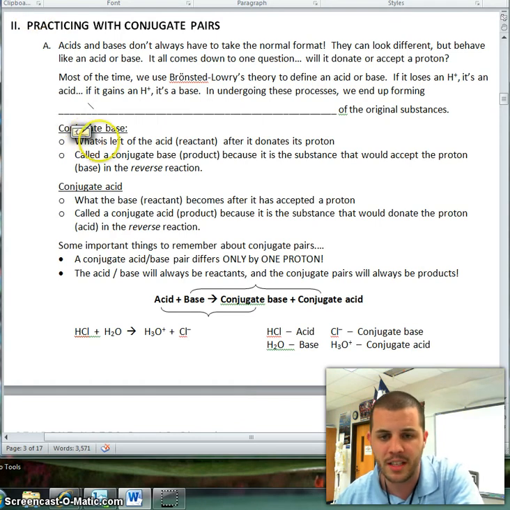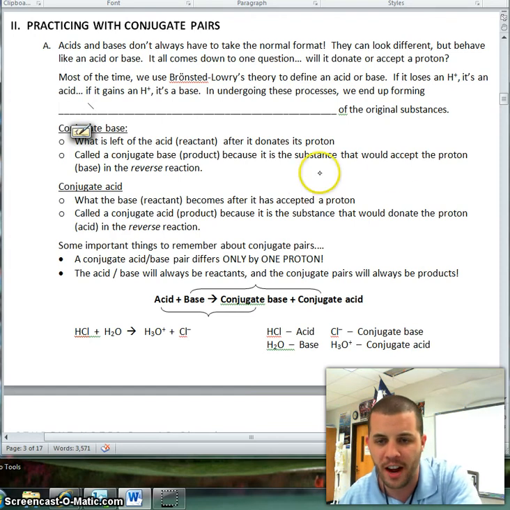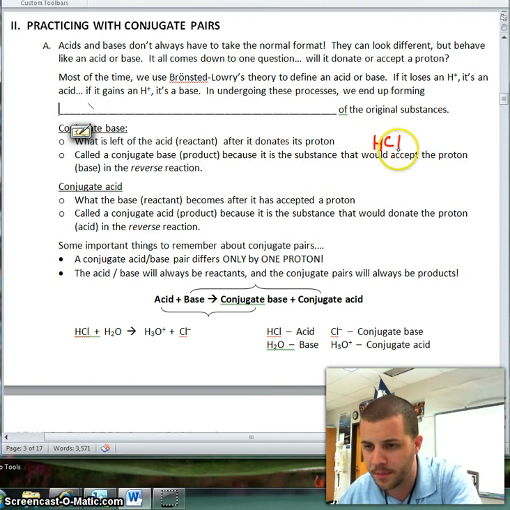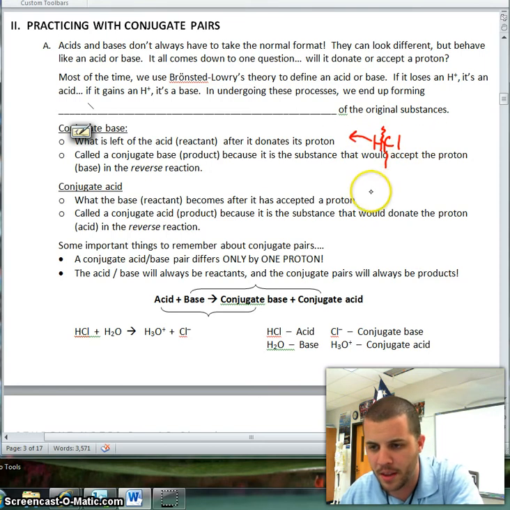It says a conjugate base is what's left of the acid after it donates a proton. So, for instance, if I were to have HCl, HCl is going to donate its proton, and I'm going to end up with a hydronium ion and a chloride ion.